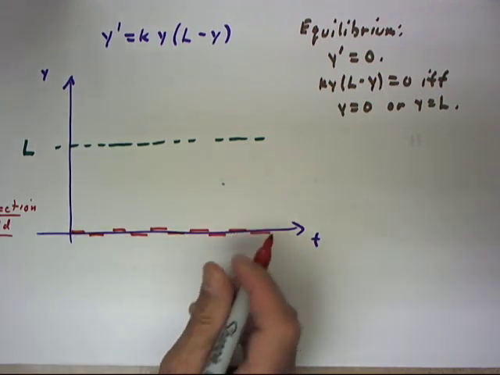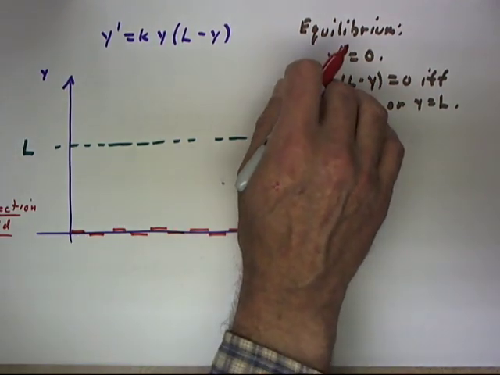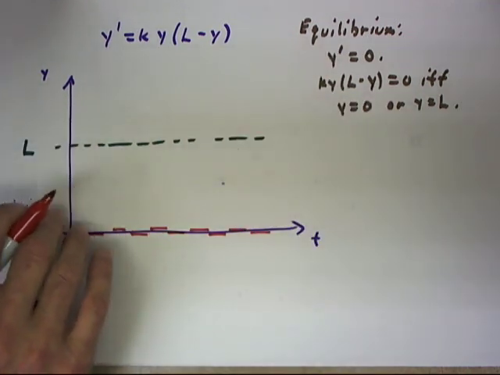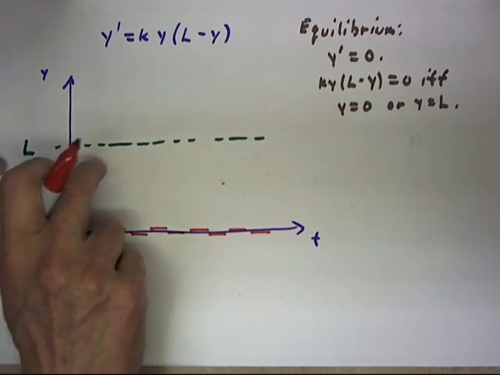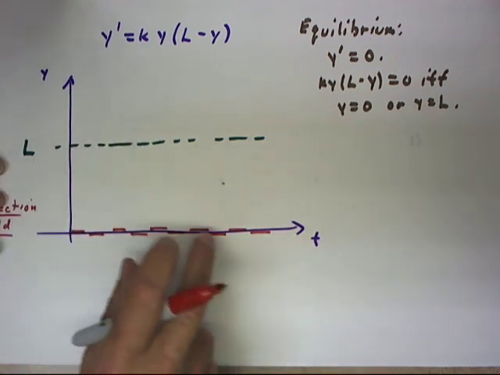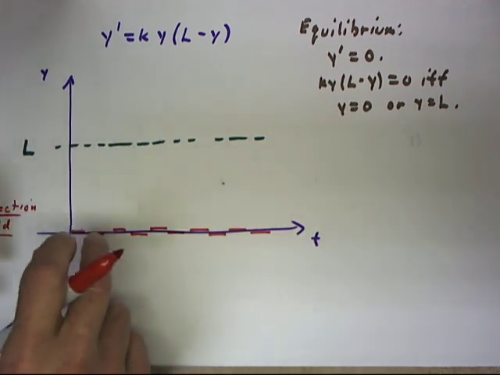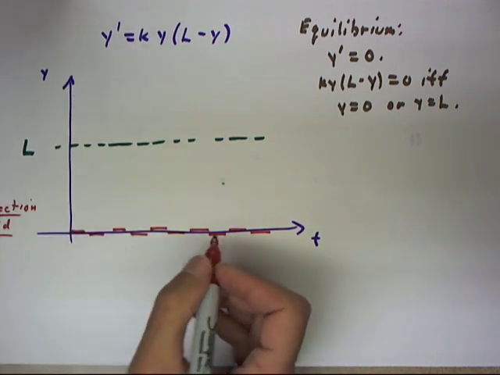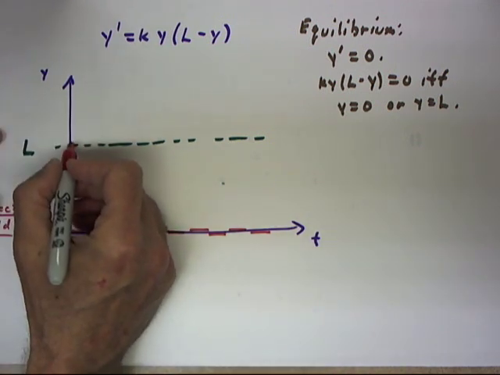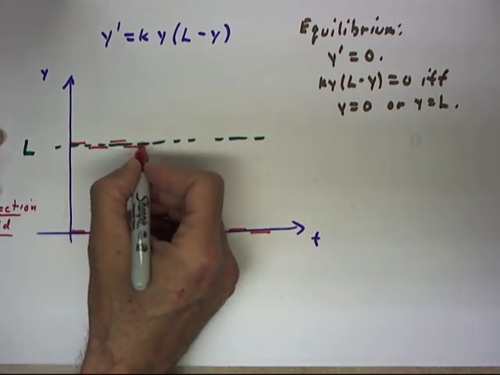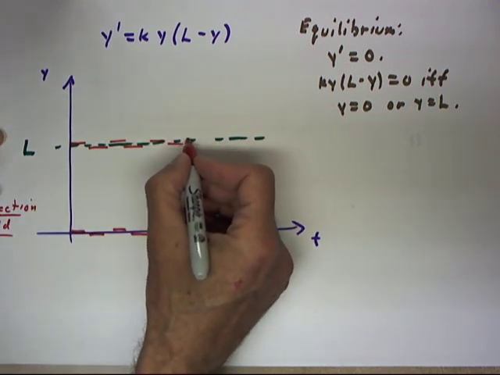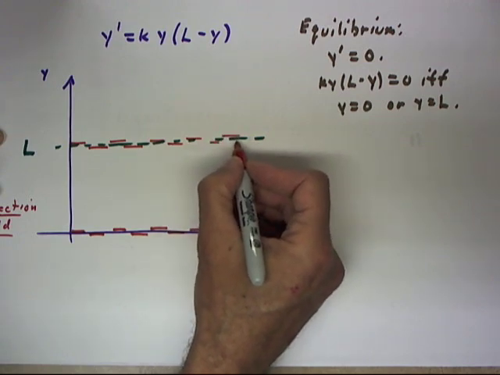The direction field is therefore going to be horizontal because y prime is 0, and y prime equals 0 is equivalent to having a y versus t graph with a horizontal tangent at any of these points. Okay, and similarly at y equals L, the direction field is going to have to indicate slopes 0.